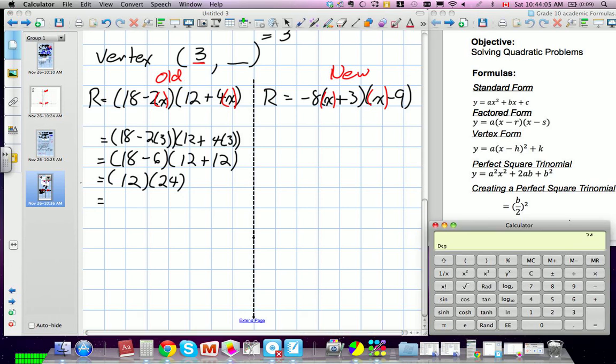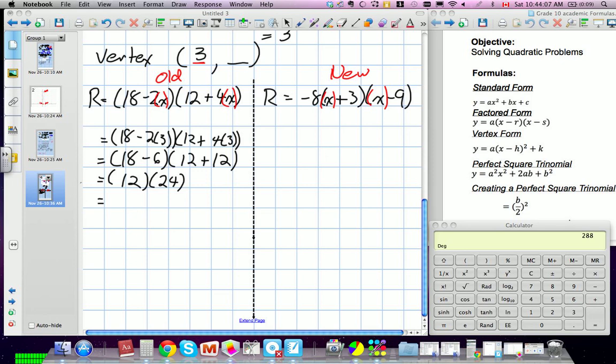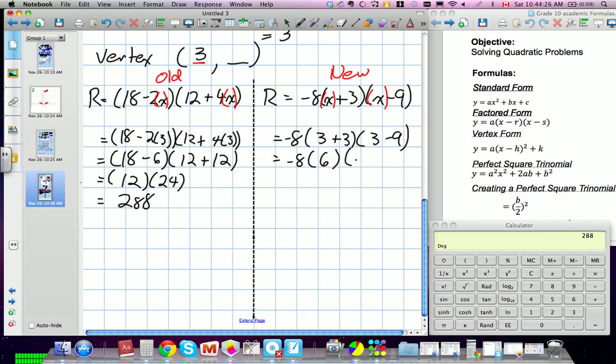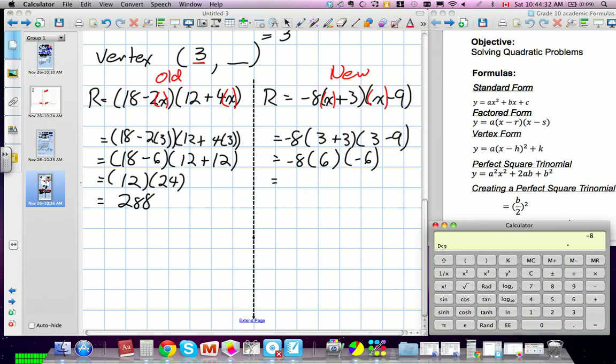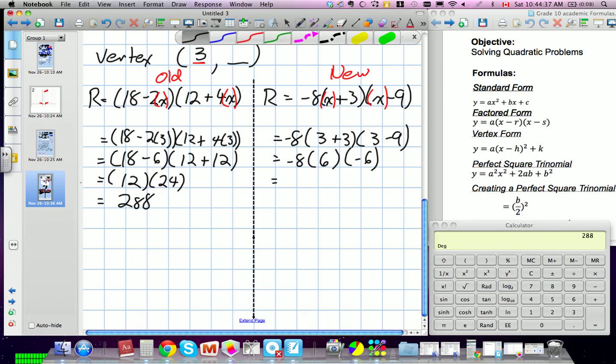We'll check it on this one too. Negative 8 times 3 plus 3, 3 minus 9. Negative 8 times 6 times negative 6. Put them all together. Negative 8 times 6 times negative 6 is 288. So it didn't matter which version we used, we still got the exact same answer. So our vertex, apparently, is 288 and 3.